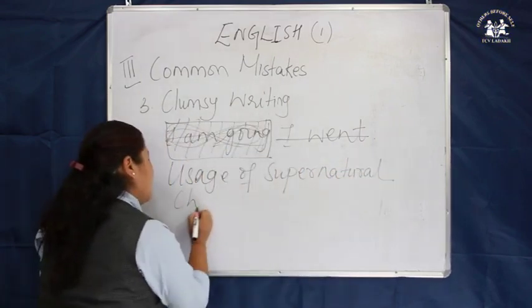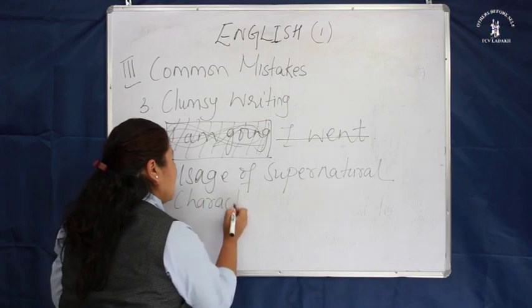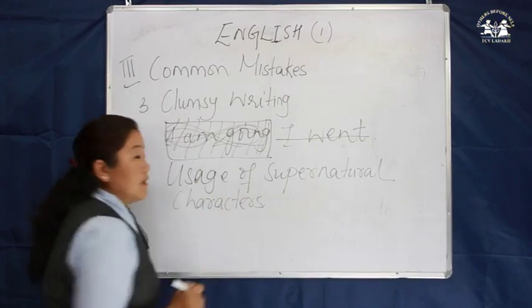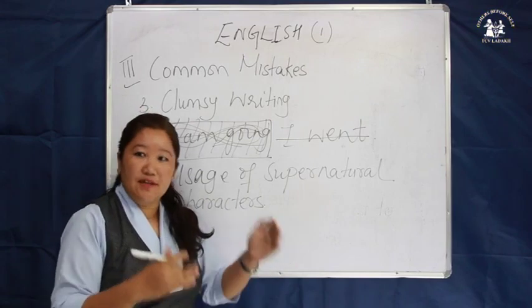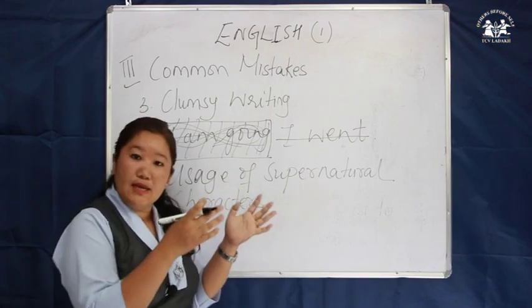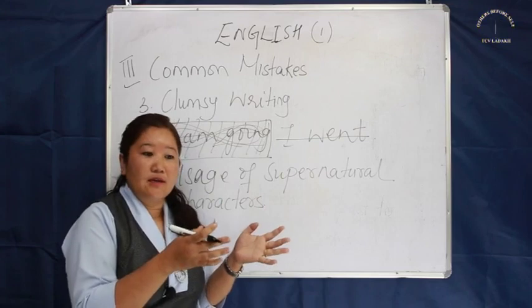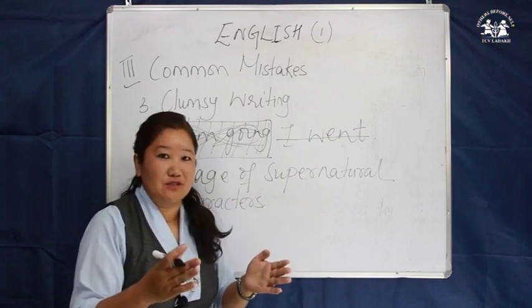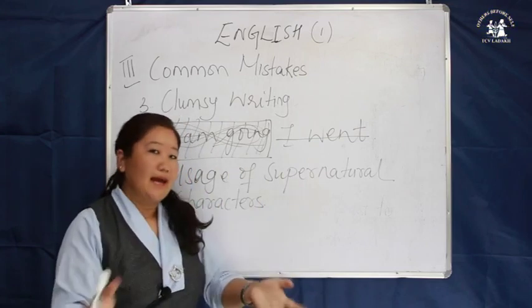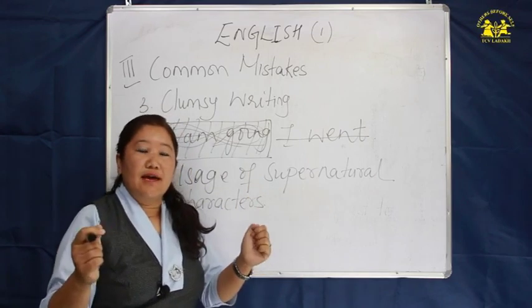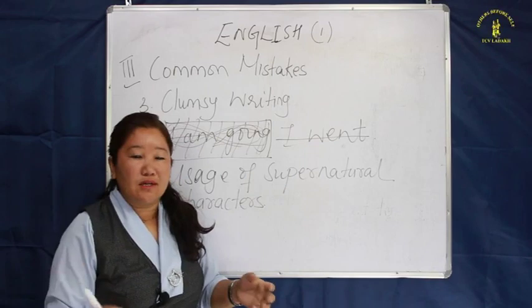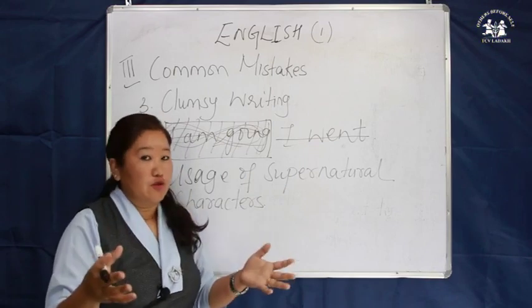Okay, the next mistake that our students normally make is usage of supernatural characters. Those who write a story in a test are teenagers, and you like to write about zombies, wizards, witches, supernatural power.